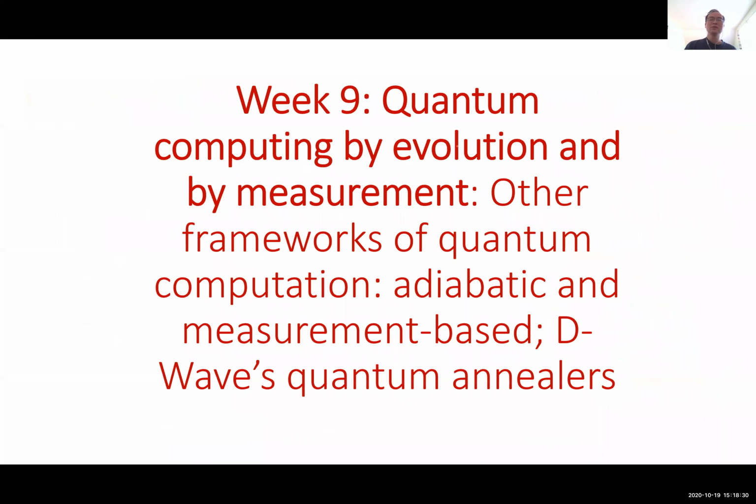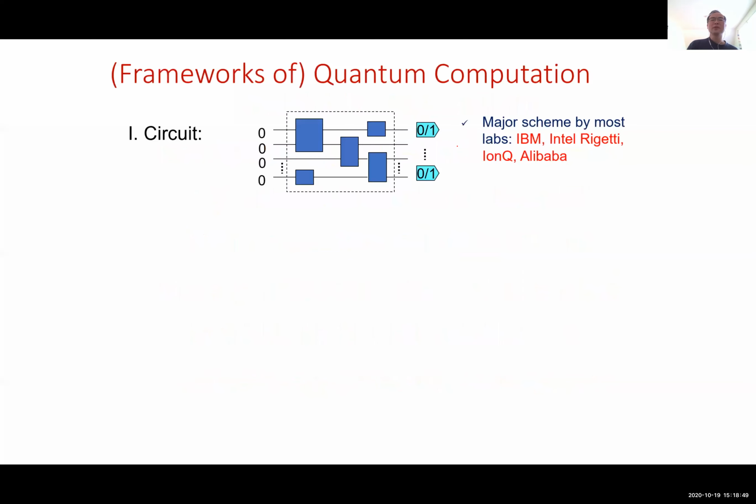So this week we're talking about 2 different ways of understanding quantum computation, or 2 different frameworks of building quantum computers, if you will. But let me just remind you that we have learned the circuit model, right?